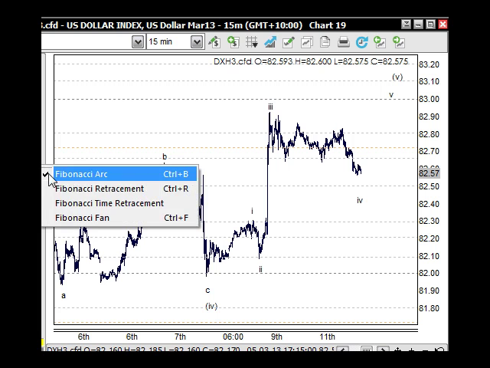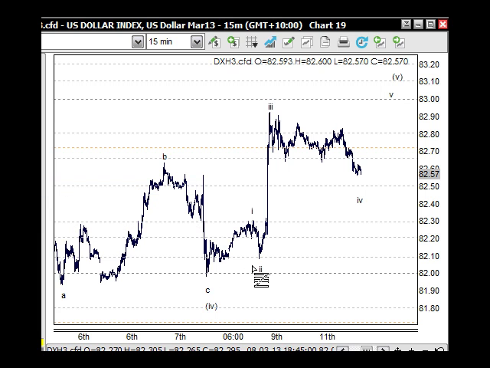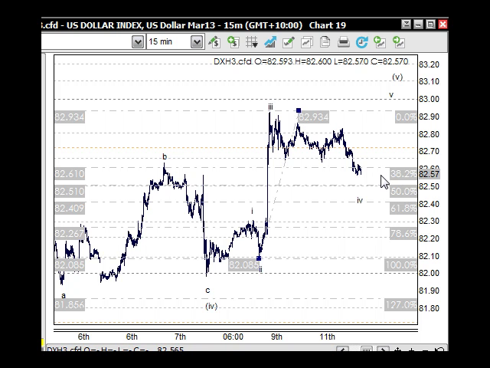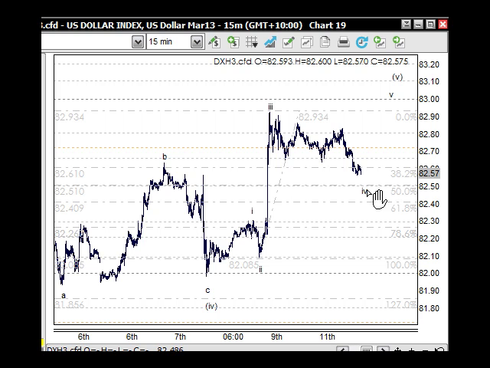The fourth wave normally pulls back 38.2% of the third wave through here, so that's kind of where it is here. So if we work it to the closest large number, the 8250 here, that's where it could possibly pull back to.